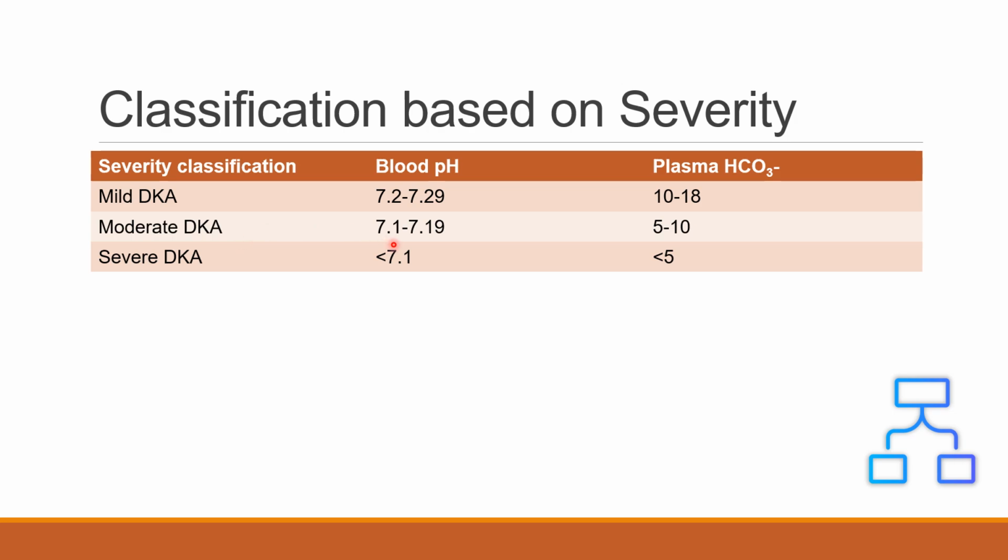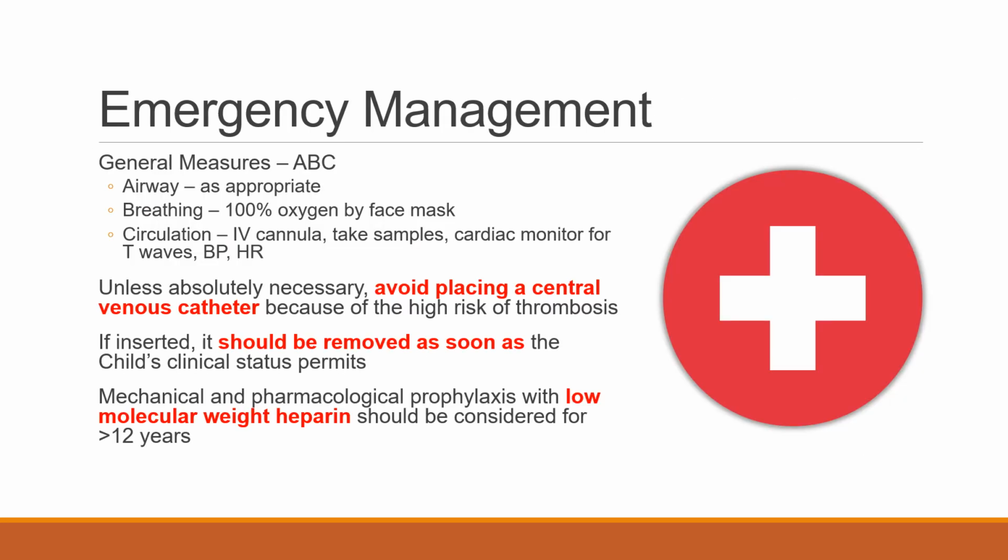Moderate DKA will be 7.1 to 7.19, and severe DKA will be less than 7.1. Similarly, based upon bicarbonate levels, mild DKA will have a bicarbonate level of 10 to 18, moderate DKA 5 to 10, and severe DKA less than 5. So this is how we classify diabetic ketoacidosis into various severity groups.